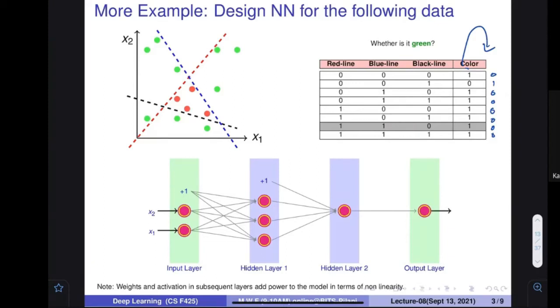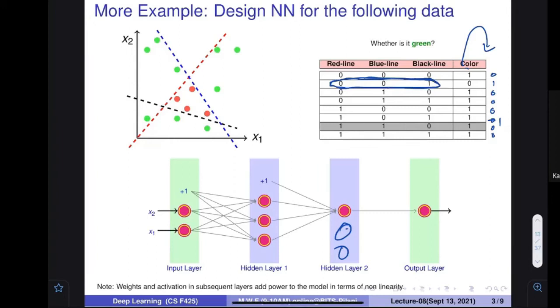If there were multiple places with 1, then I would need multiple neurons and I would have to combine them. Luckily in this example, only one place there is 1. So I can find the equivalent circuit for this input.